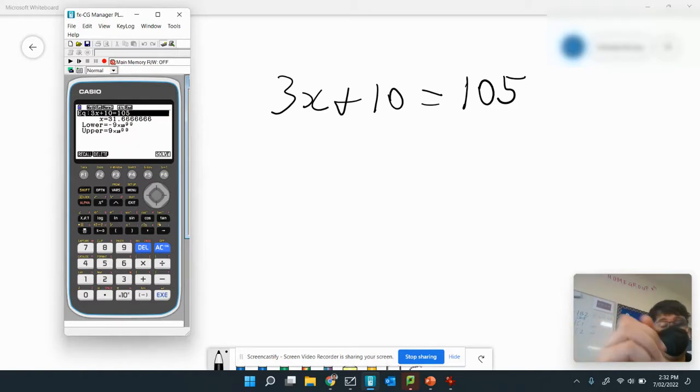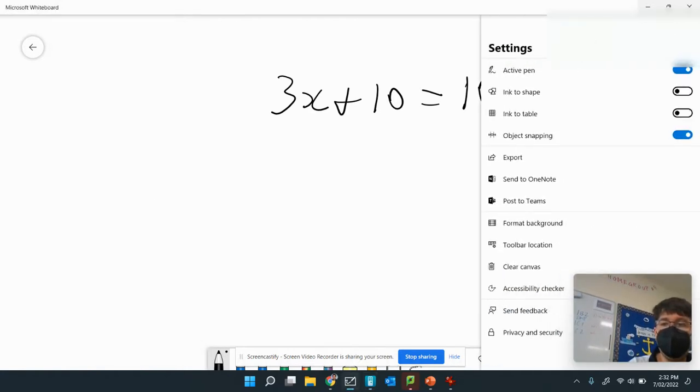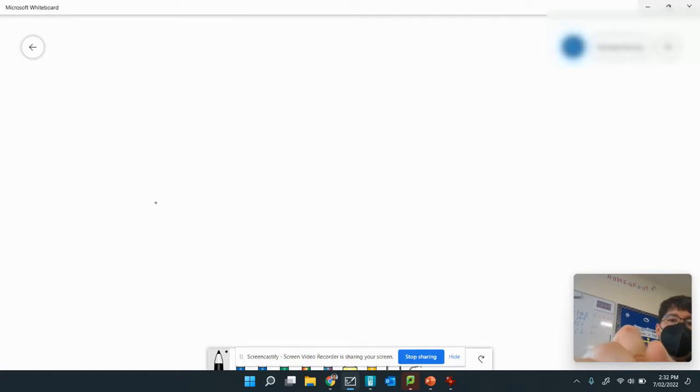The equation solver. Okay. The next one that I want to show us is if we have two equations that are in this form.